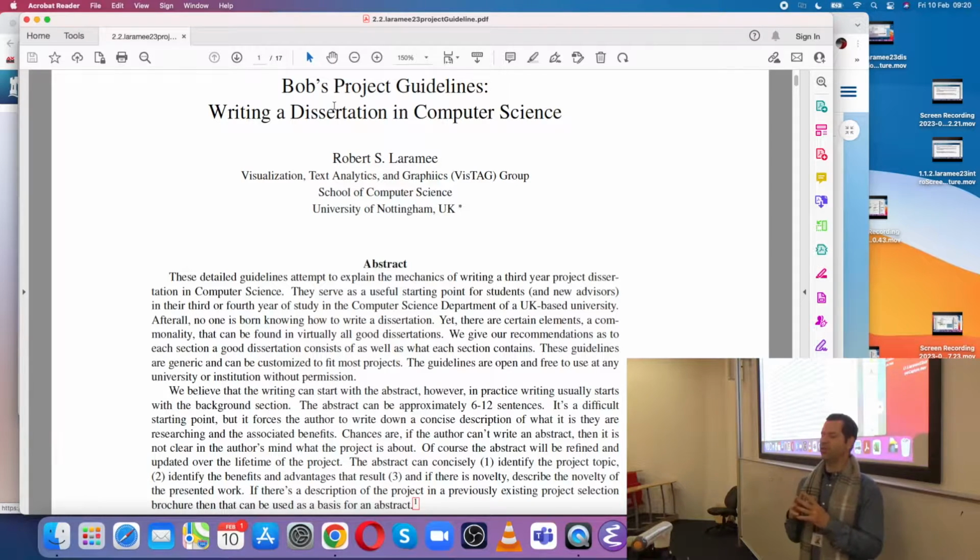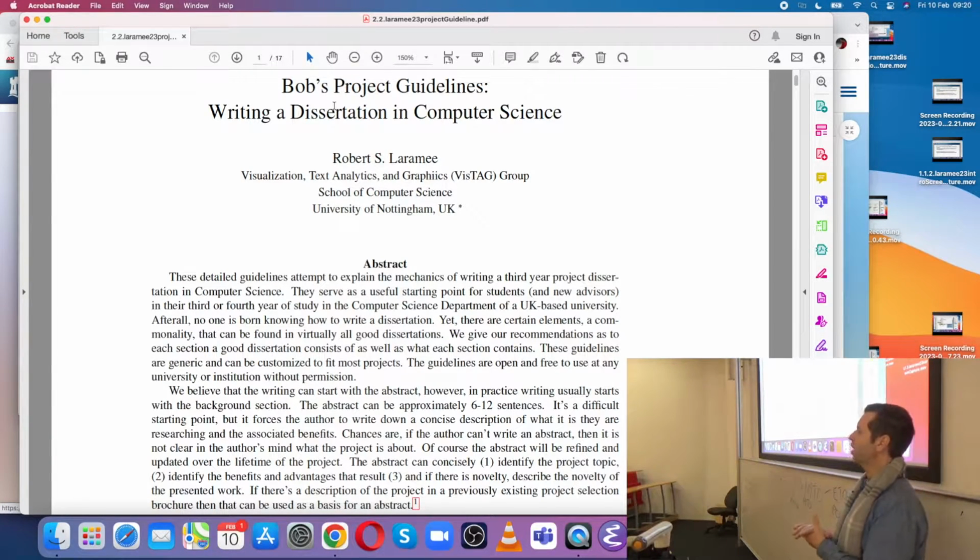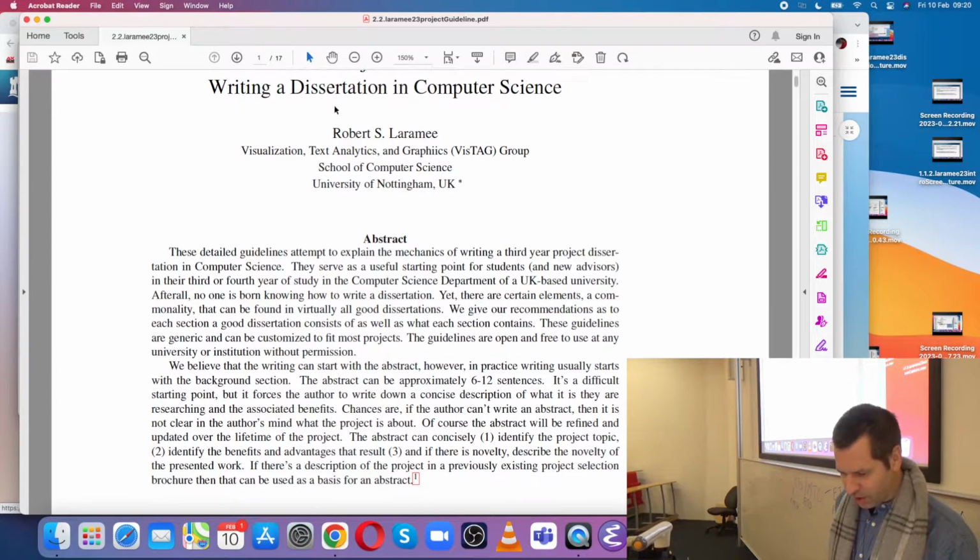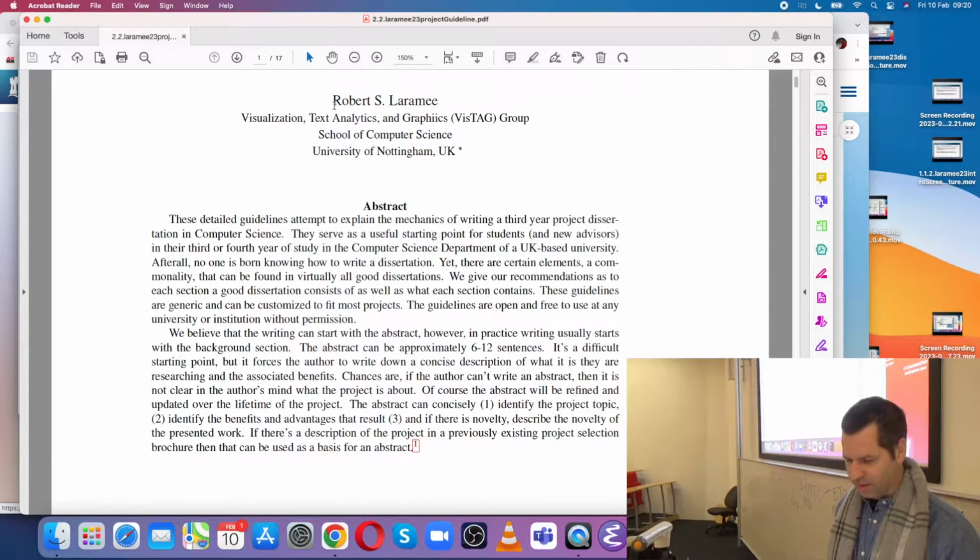Right? So if you're not sure, for example, how do I write the abstract of my dissertation, this document will tell you the general strategy for writing an abstract. That's the idea, right? And look, this is kind of funny because there's an abstract.